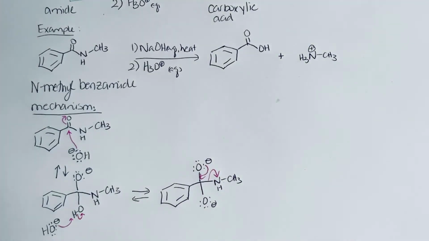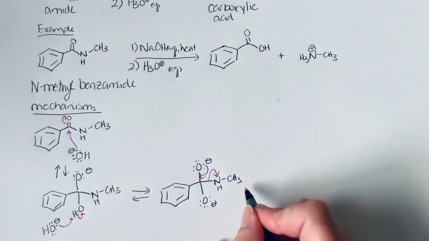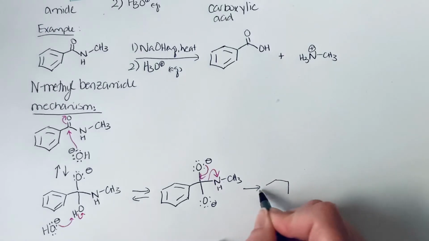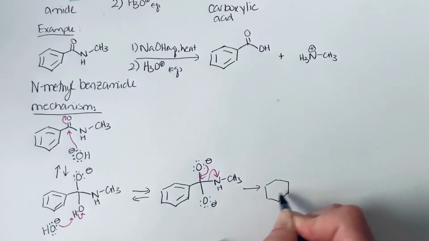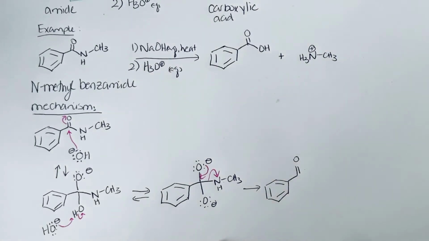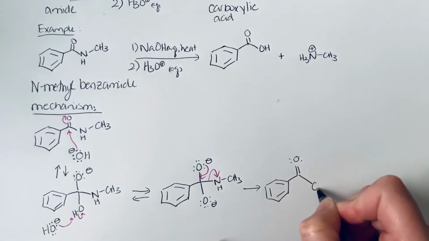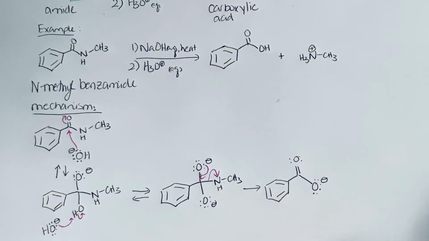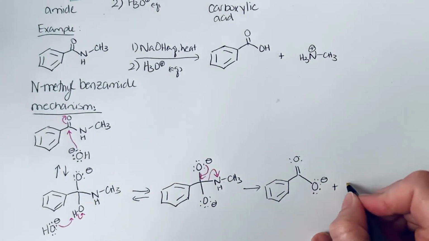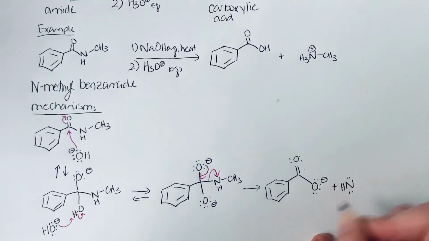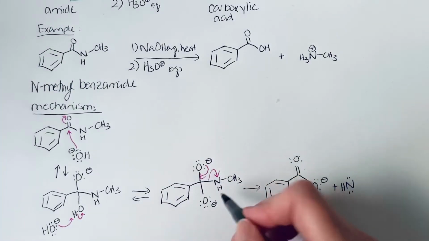And it's really a terrible leaving group. But at this point, this reaction is not going to go backwards. So I'm just going to draw the arrow in one direction. So we've now reformed this bond, and we have the alkoxide, right? And then we also have the base that we formed when we kicked off this nitrogen.